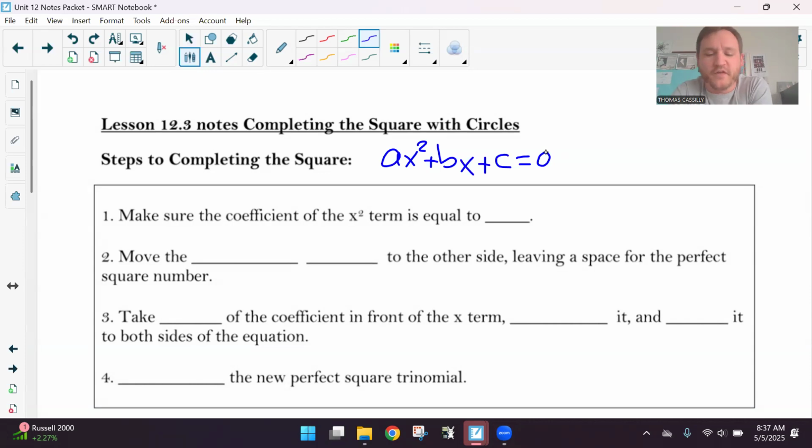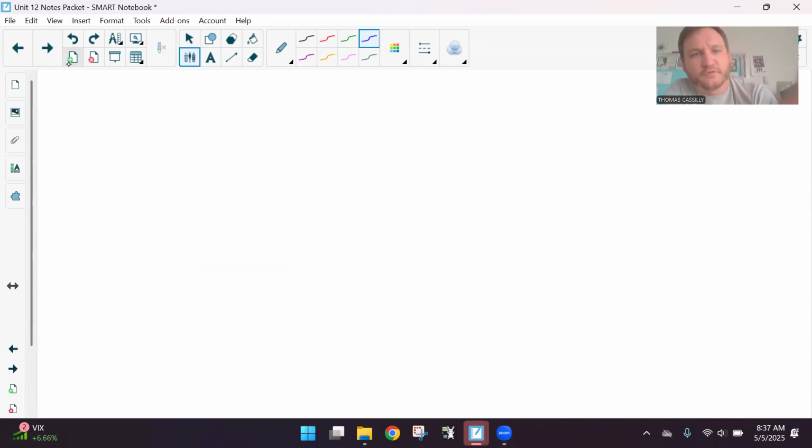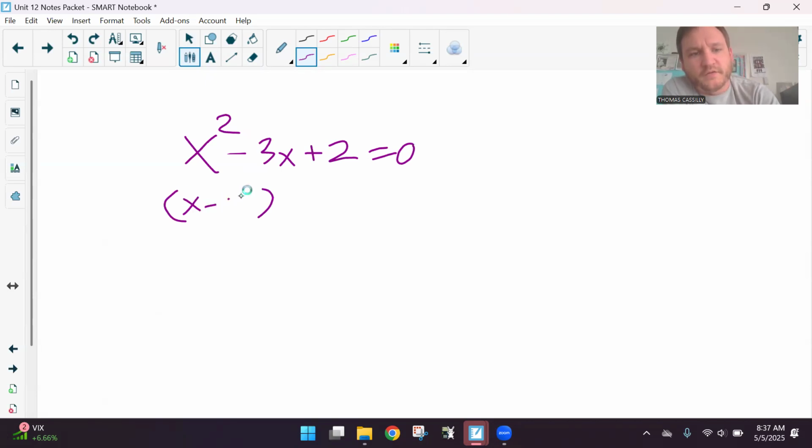A lot of times in this class and your Algebra 1 class, you've been factoring. For example, if I have something like x squared minus 3x plus 2 equals 0, and I say factor that, you would do x minus 2 and then x minus 1 equals 0.